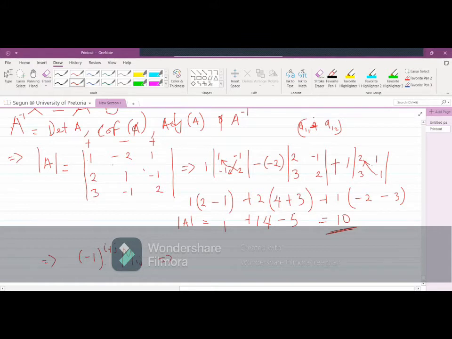When you are cross multiplying, it must be taken away, like the way I did it with A, B, C, D. It is going to be AD minus BC.